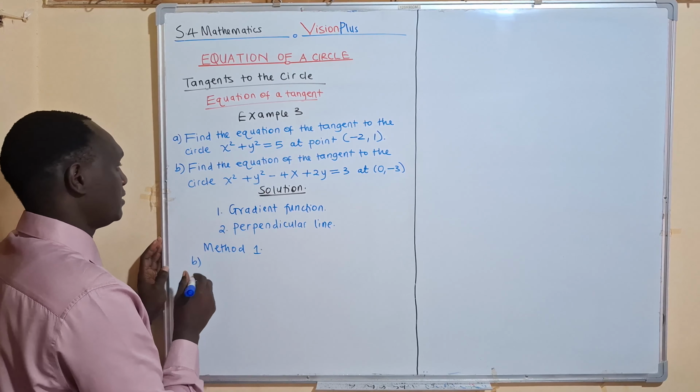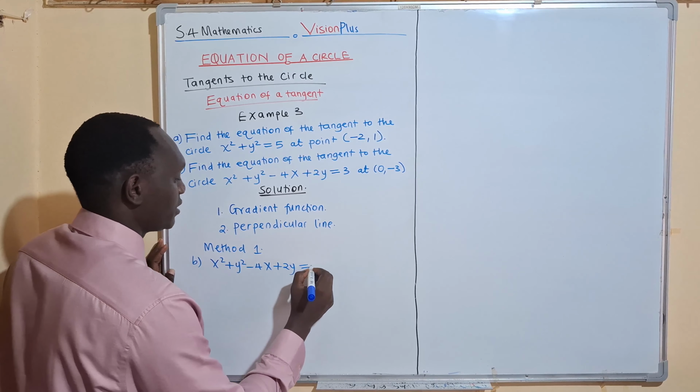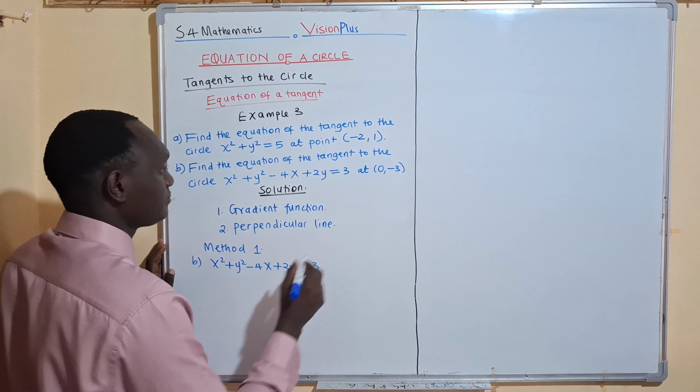So part B says find the equation of the tangent to the circle x squared plus y squared minus 4x plus 2y equals 3. And the point of tangency is given as (0, -3).